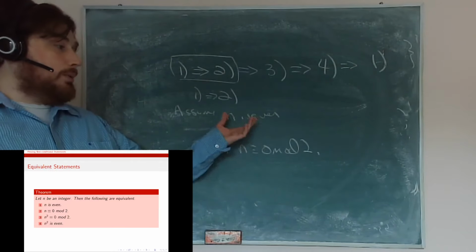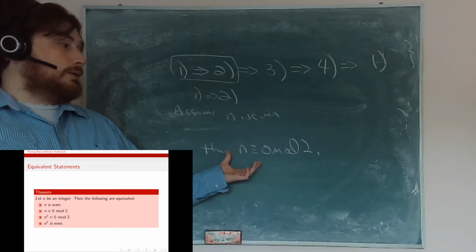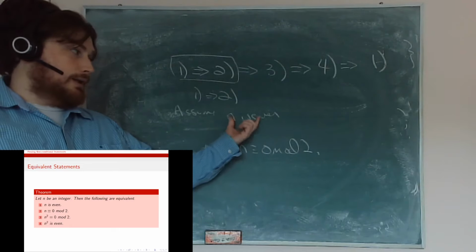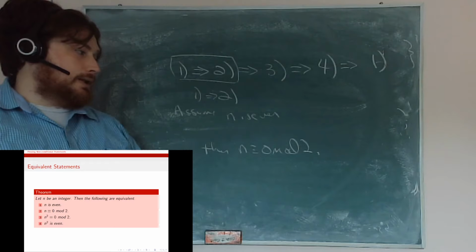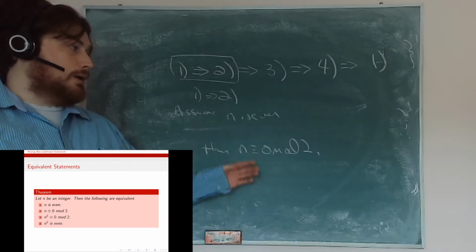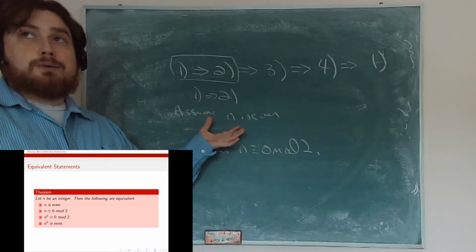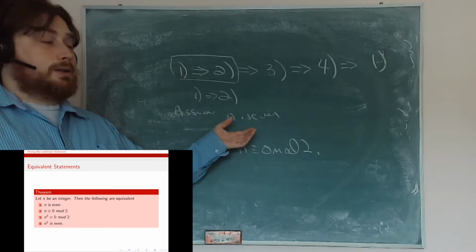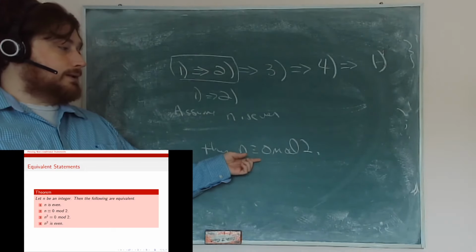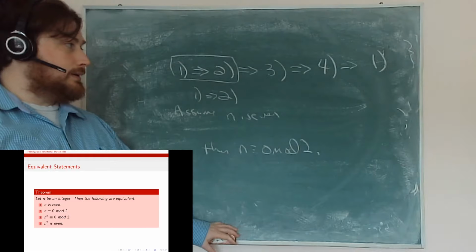And just as a point, this is actually one of the equivalent statements that we've already proven: n is even is equivalent to saying n is congruent to 0 mod 2. So we can refer back to an earlier proof, so we don't actually even have to write anything here. We just say, oh, n is even is the same thing as n is congruent to 0 mod 2.